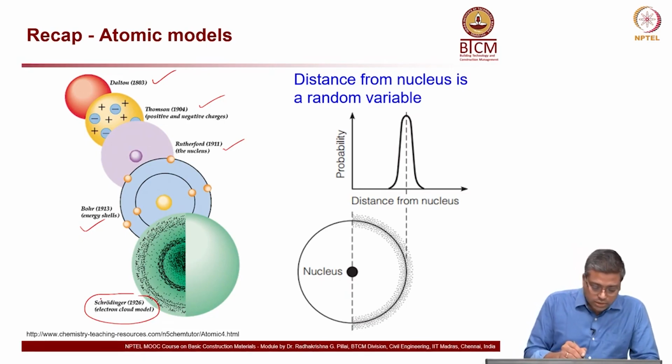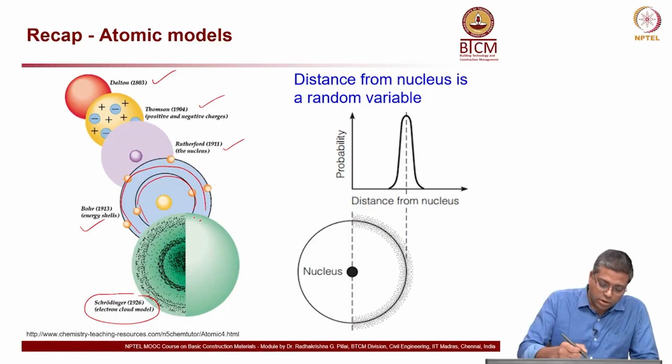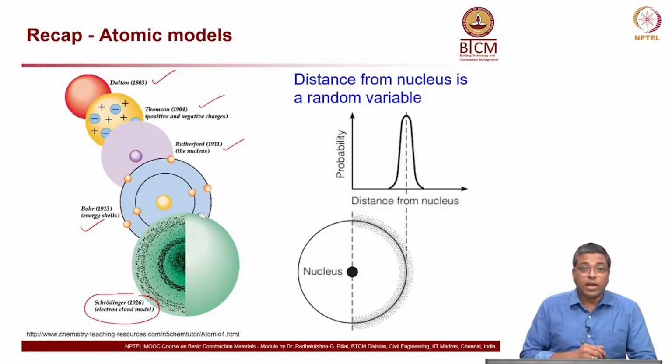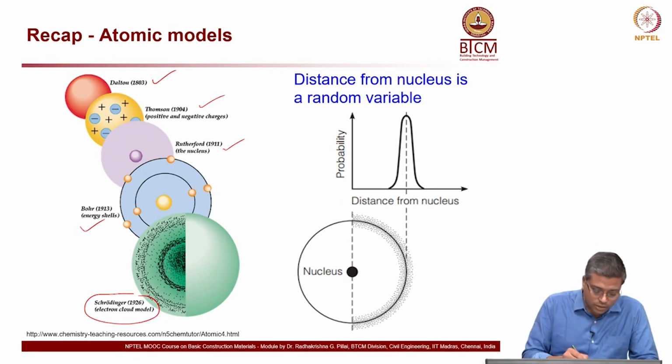In Niels Bohr's model, you can see well defined orbits, right. But later on, based on Schrodinger's model, it is not a well defined orbit, but rather there is a cloud of electrons. So, the electron could be anywhere in this region.